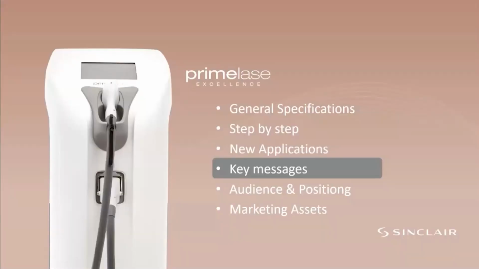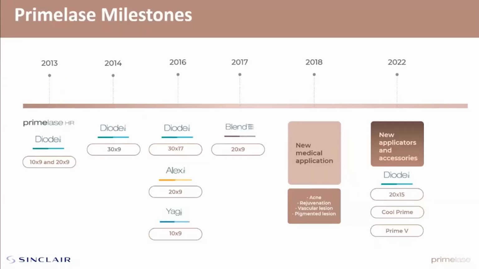Okay, now, understanding everything we have talked about from a clinical point of view regarding Primelase, let's talk about the key messages that we are exploiting in marketing, and let's understand the trajectory of this device. First of all, this device is now 10 years old.